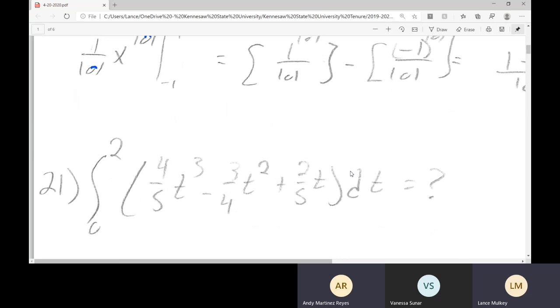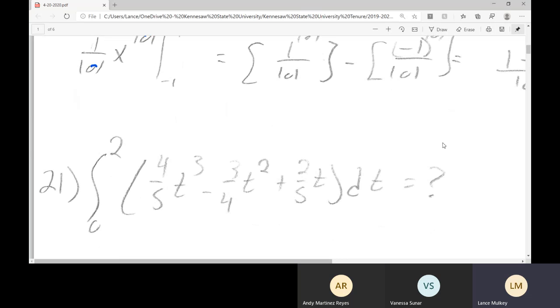Ooh. This one was not fun. It's just annoying. Actually, no. It simplifies a lot easier than you think, but still. Is that a 3? The second one? Yeah, it's a 3, sorry. Okay. You're fine.